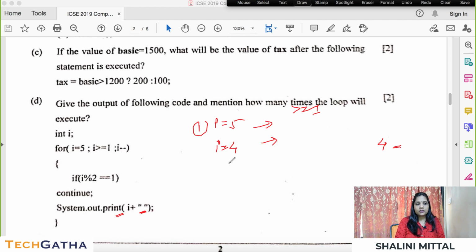When you write the working, there are 2 advantages to it. One, the instructor understands that you have understood the program. Second, say for example, by the time you reach I equal to 2 and you are doing mental maths for the calculations, it's a very simple loop here, but you may get a loop which does some calculations.